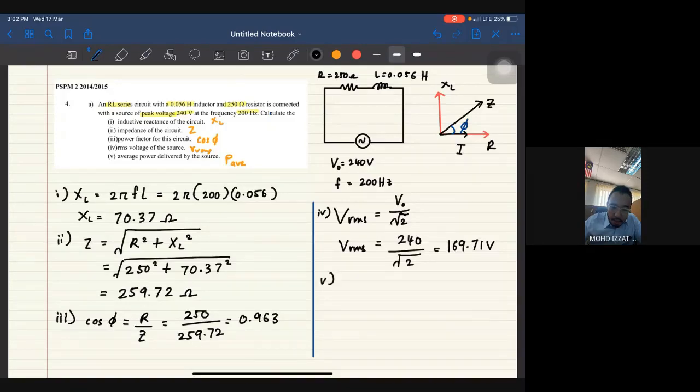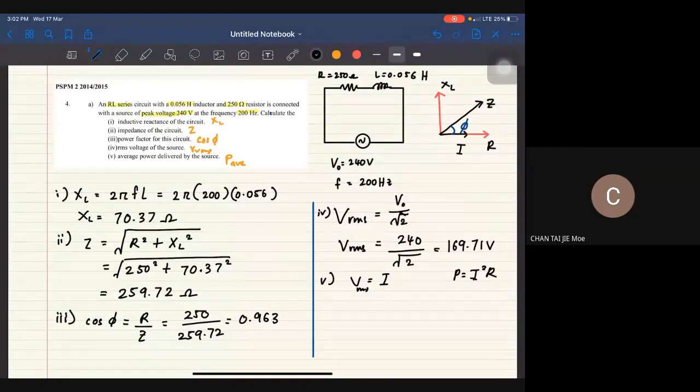So basically, I want to use P equals I squared R. Like I said, if you use this one, confirm you get it. It's just that you have to find the I first. If I want to use I, many students will make a mistake here. They will use V RMS, I RMS, R. That is wrong. It should not be R, it should be what?